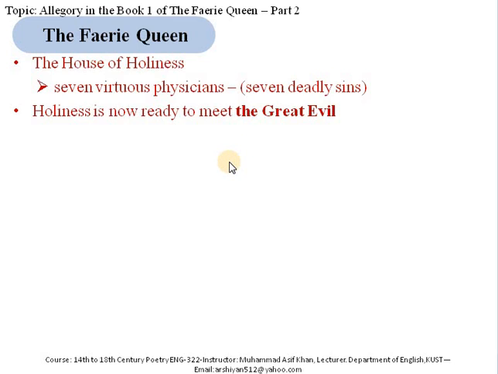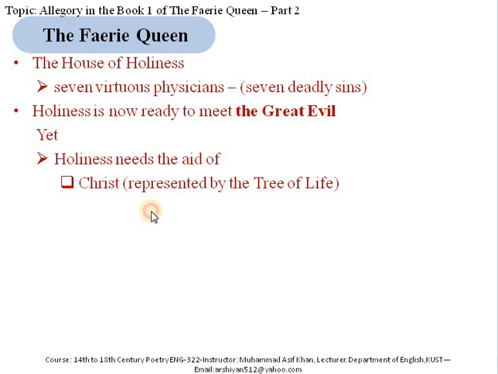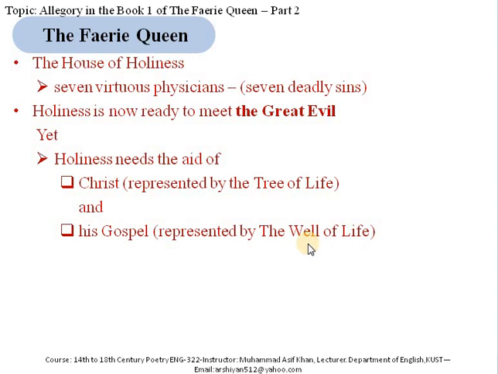For a complete victory, holiness yet needs the aid of Christ, represented by the tree of life in that marshy area where the knight falls, and it is also helped by the gospel, represented by the well of life.